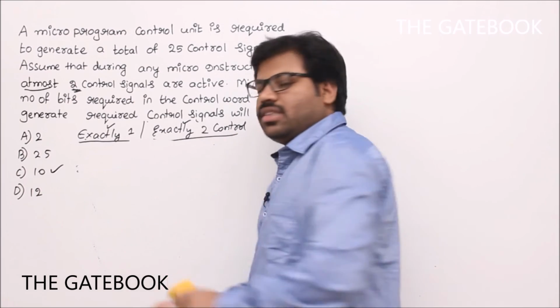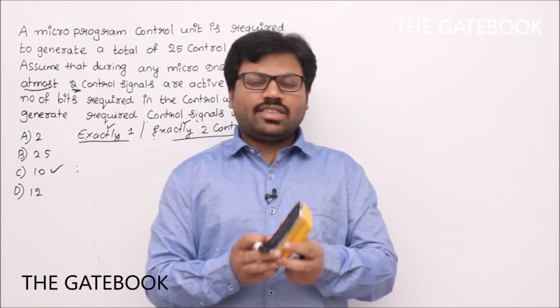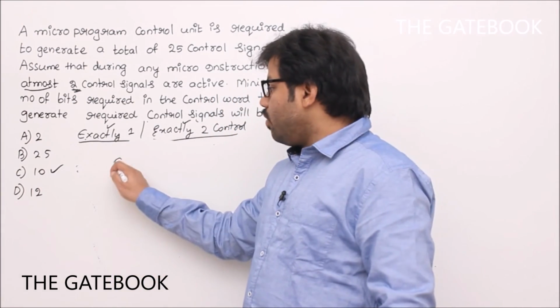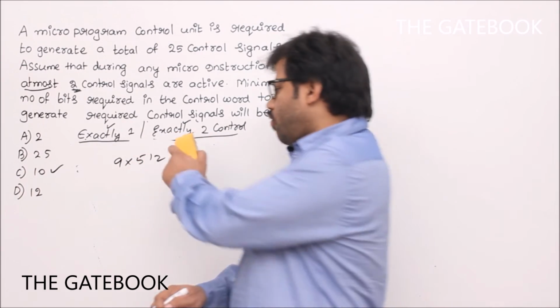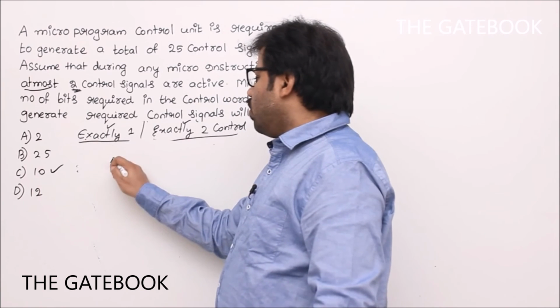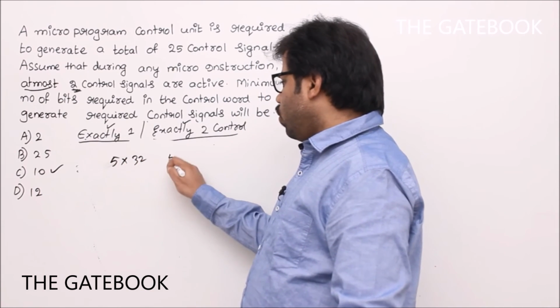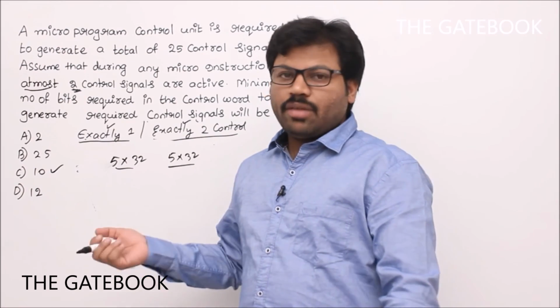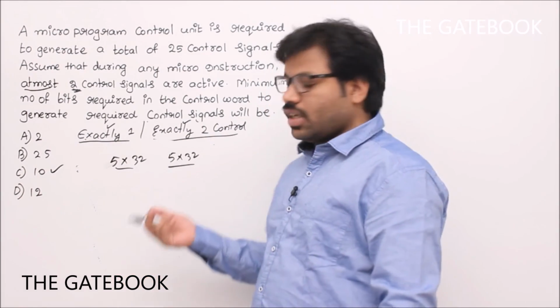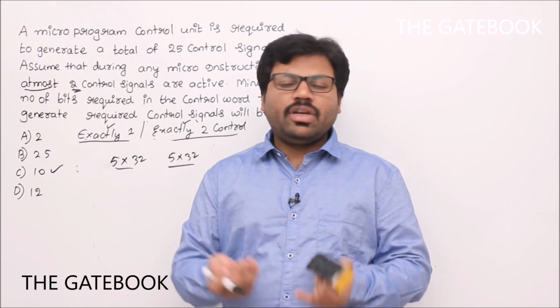So the examiner is thinking about a simpler circuit. See, this 9 by 512 circuit will be a little bit complicated, but if you use 5 by 32 decoders, then they will be simple circuits. But a 9 by 512 circuit, whatever the circuit, to realize it would be a little bit complicated.